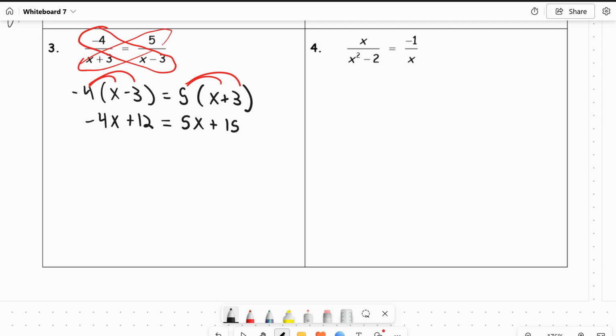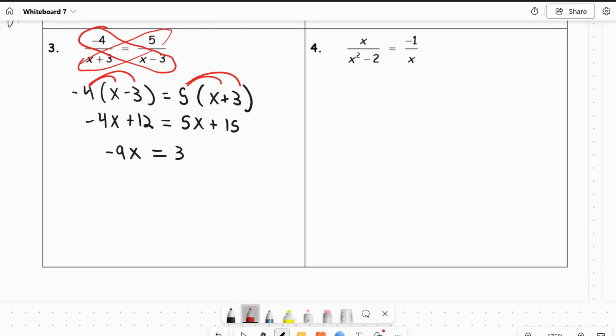Now I'm going to subtract 5x from my right side and subtract 12 from my left side's constant. So negative 4x minus 5x gives me negative 9x equals 15 minus 12, which is just 3.